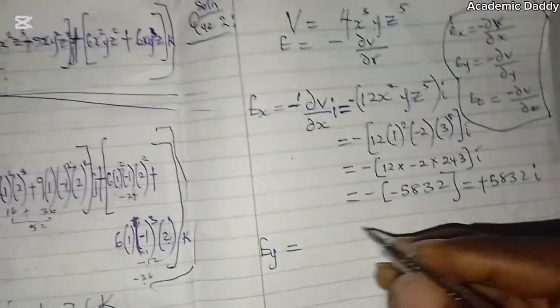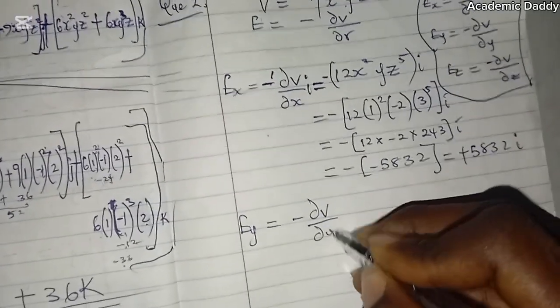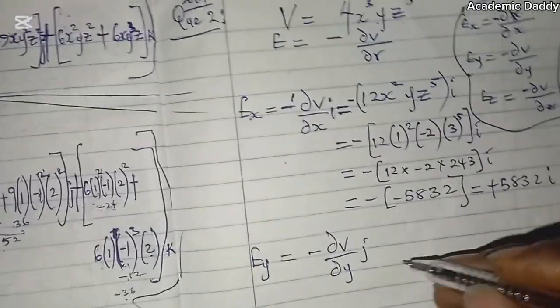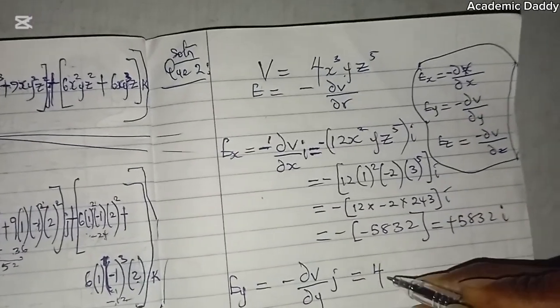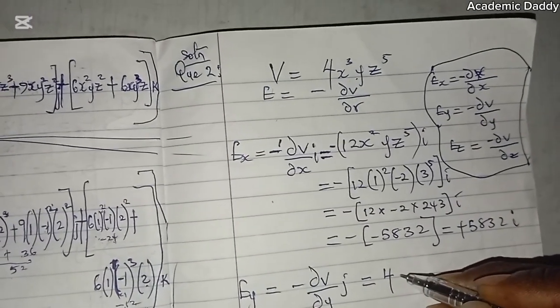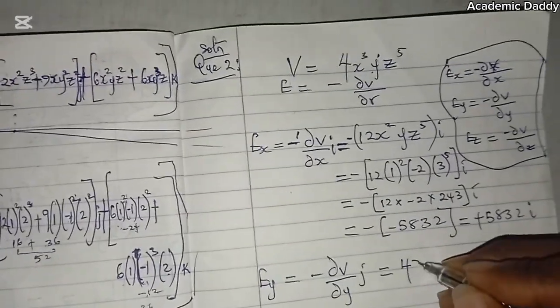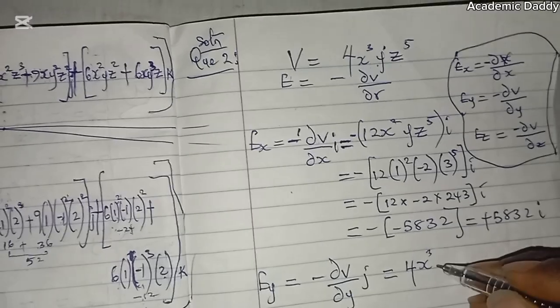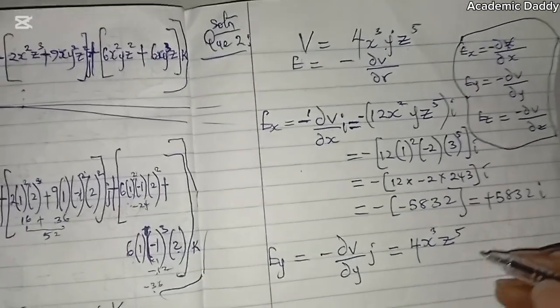it will be the same thing as saying minus change in V with respect to y, then Ej is equal to, so I now have 4. Remember that this is 4. Y is not carrying anything, so 1 times 4 is 4x cubed. 1 minus 1 is 0, so y is gone, so z to the power 5.